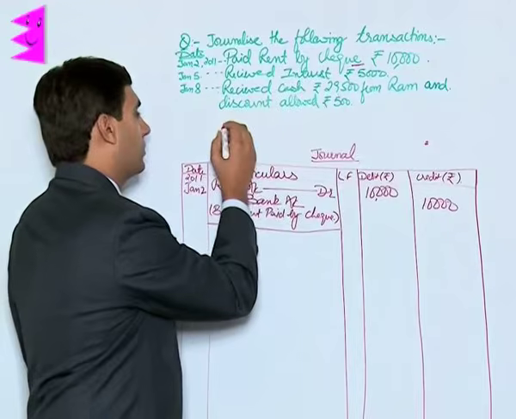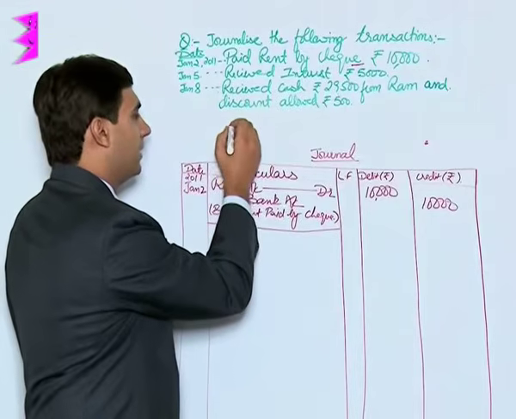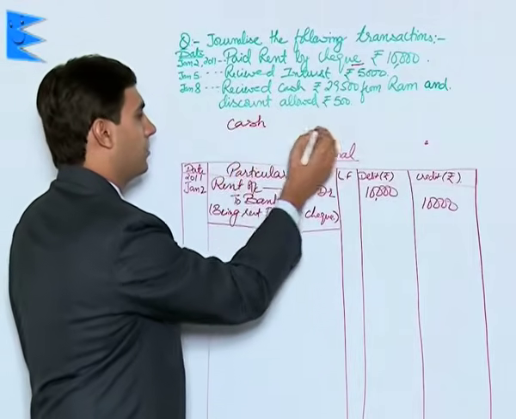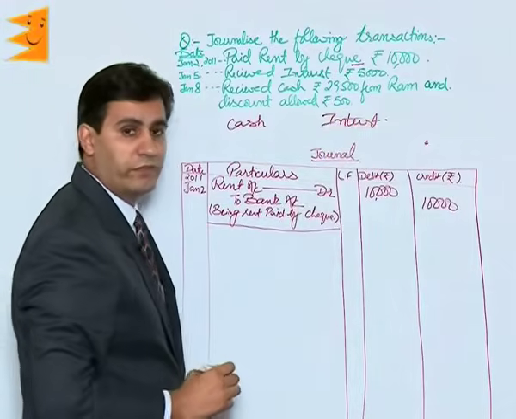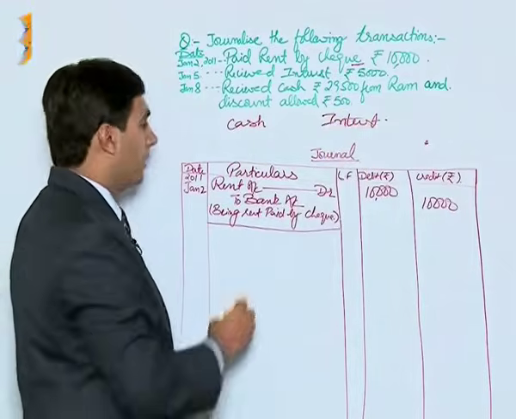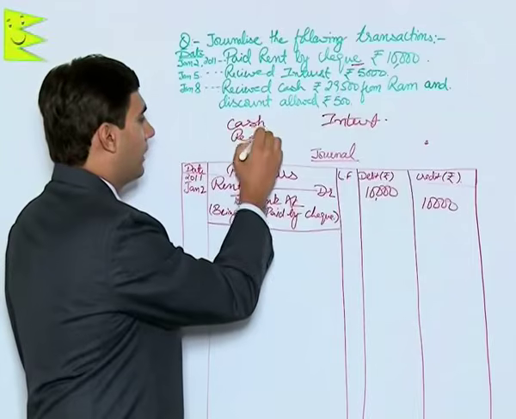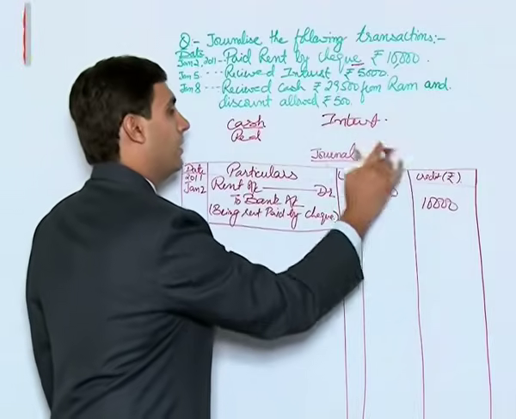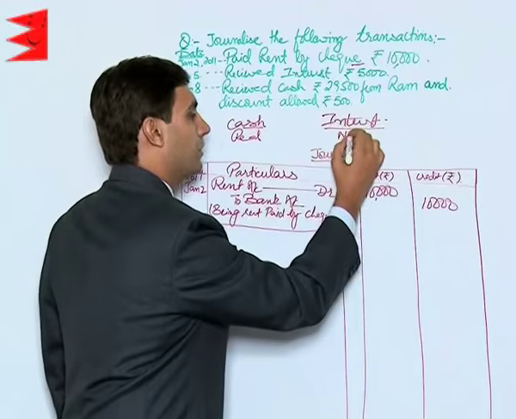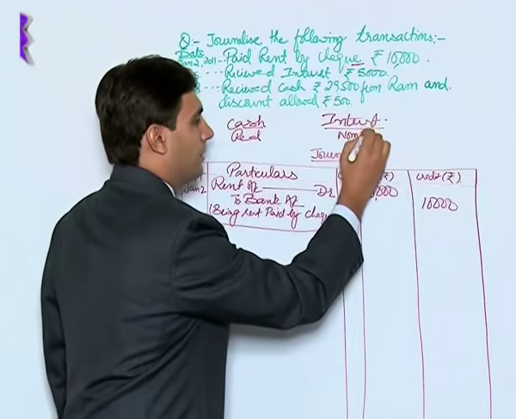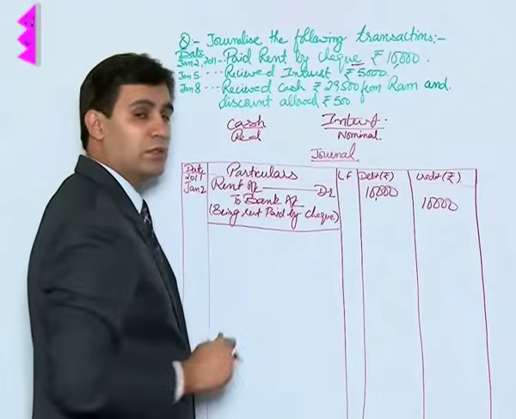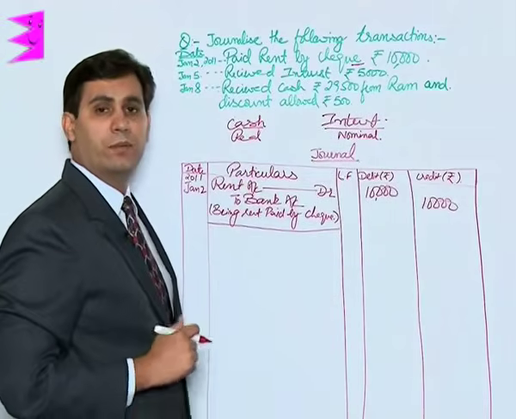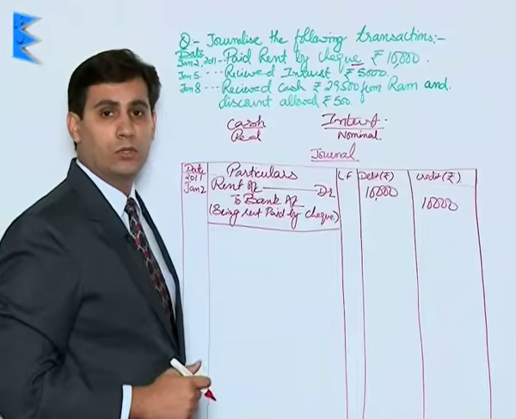Now there are two accounts. Received interest. Received means it must have been received in cash, and the second account is of interest. Cash is a real account. Interest is an income, so it is categorized as nominal account. The rules for real accounts are debit what comes in, credit what goes out.